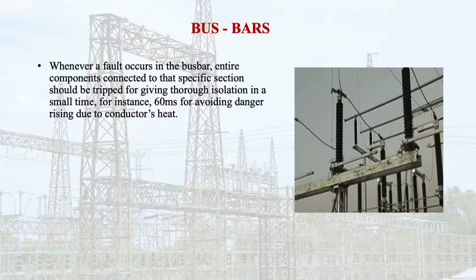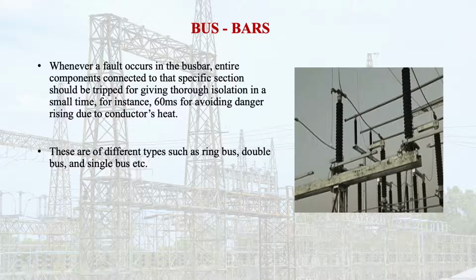It is required that the quick isolation of the equipment be less than 60 milliseconds, for avoiding the danger arising due to the conductor's heat, which may damage the complete system and the other equipment connected with it. So there are different types of bus arrangements: ring bus, double bus, single bus. We can classify further also on the basis of application.